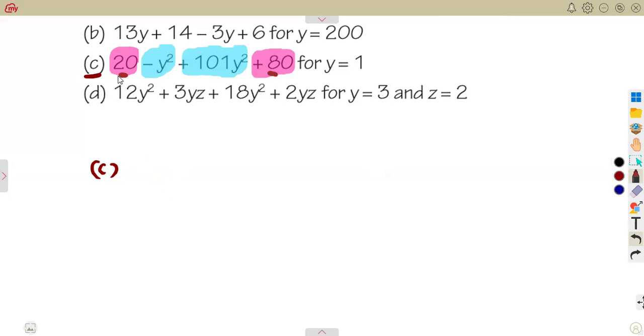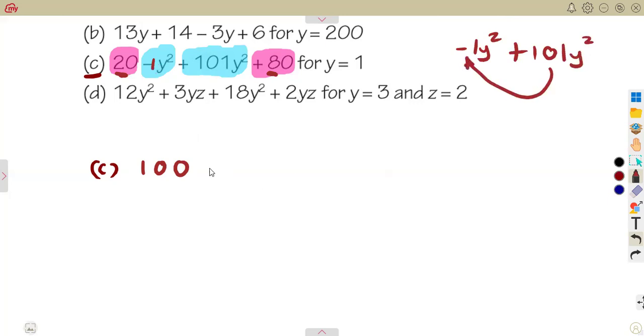These are the constants. 20 plus 80, it's what? It's 100. Minus y squared is the same as minus 1 y squared plus 101 y squared. So it's simply 101 minus 1, which is going to be 100 y squared.